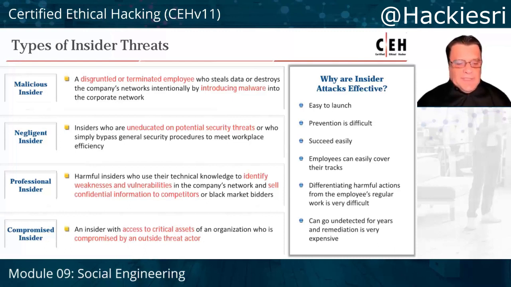And a compromised insider is an insider with access to critical assets of an organization who is compromised by an outside threat actor. How could this be? This could be through several means. It could be blackmail. It could be through some kind of bribery, or indeed through some kind of social interaction, or even a romantic relationship could serve to compromise the insider.